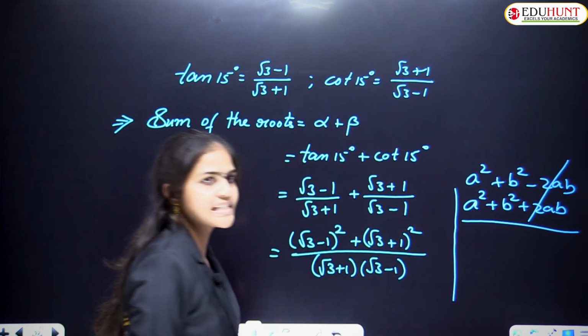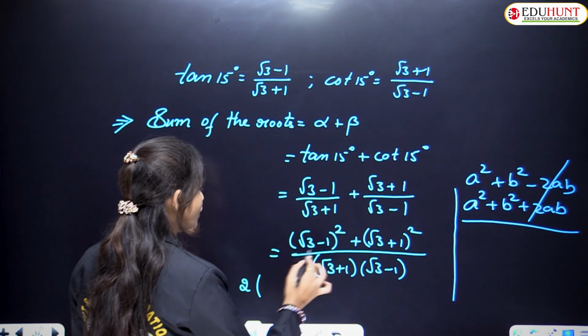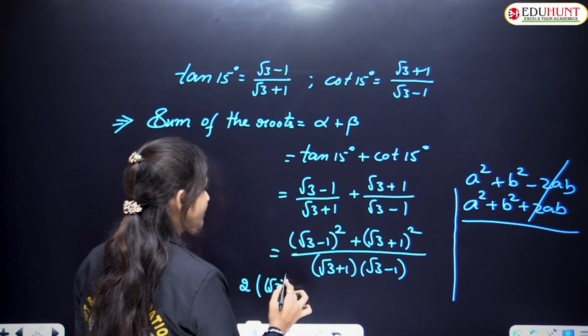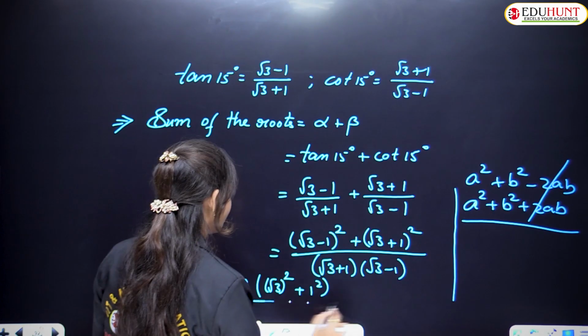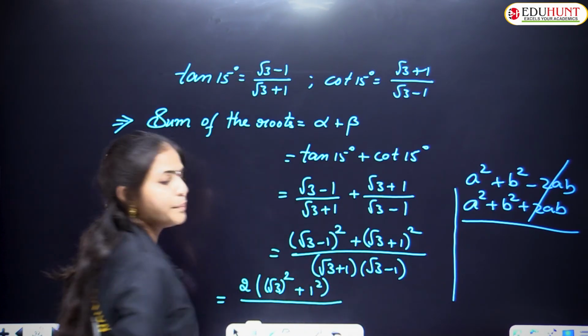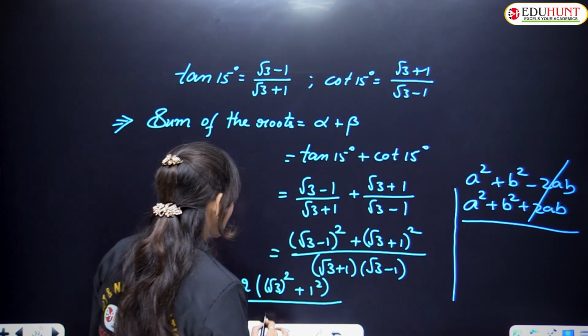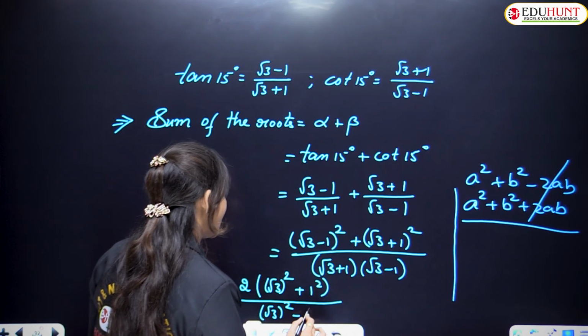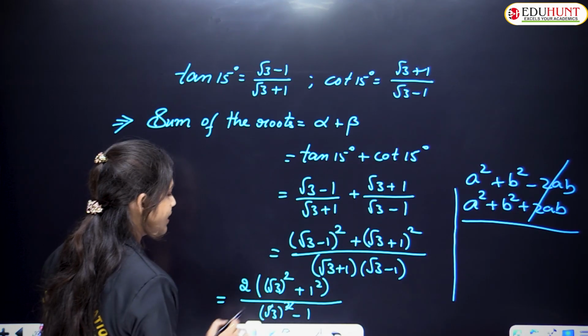2 times of a square plus b square, whole by a plus b into a minus b, that is a square minus b square. So root 3 whole square minus 1 square, that is again 1 only, no. So no problem. So square and root get cancelled.